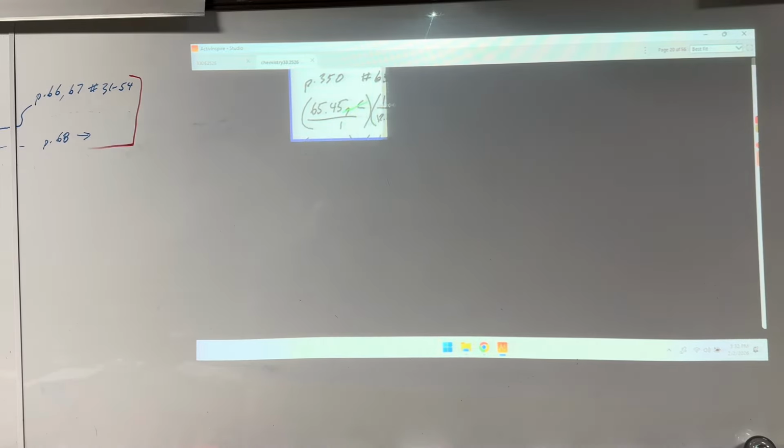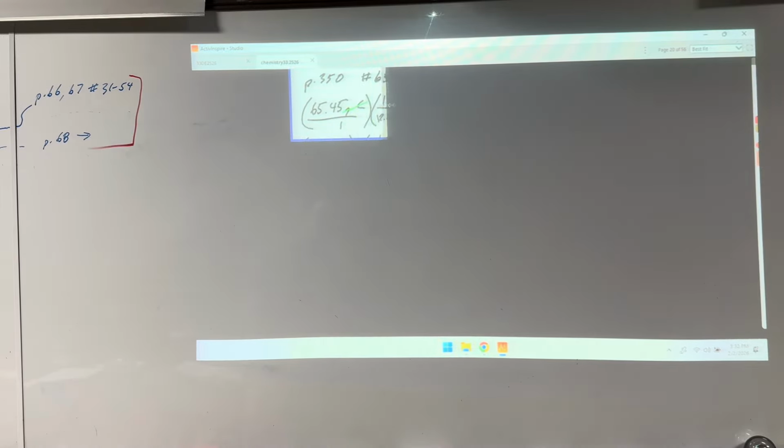When you do that, you get, pause, figure it out, turn it on and check. 5.45, 5.44, 1.82. These two are about the same. This is the smallest. Divide them each by the smallest. You have to know to do that step. So your mole ratio comes out to be 3, 3, and 1.